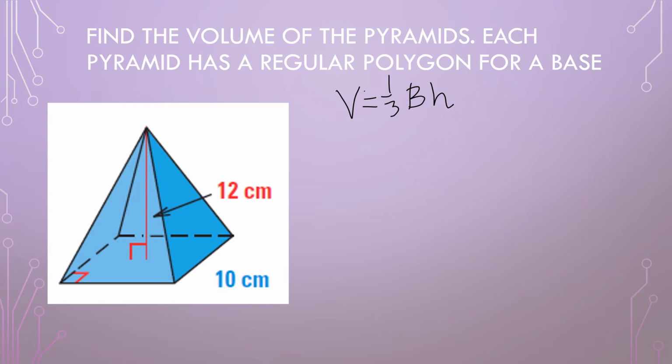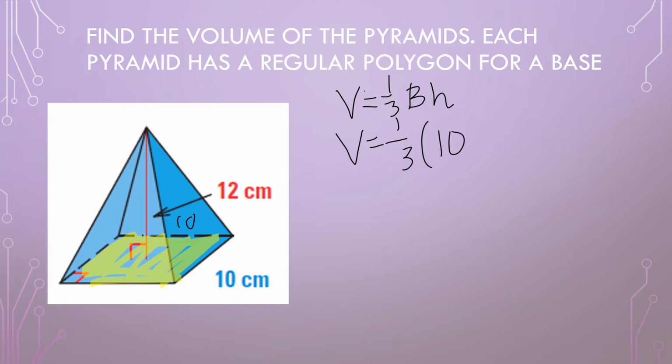So the area of this base is a square. So to find the area of a square, we need to do 10 times 10, or 10 squared, however you want to write it.